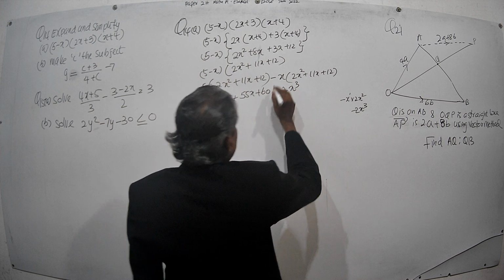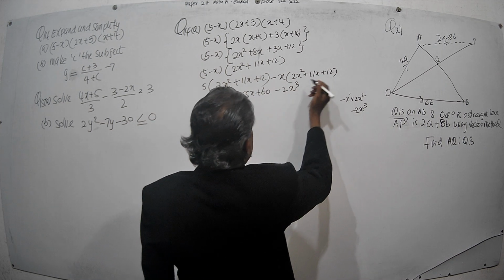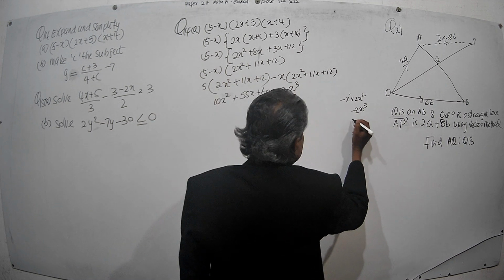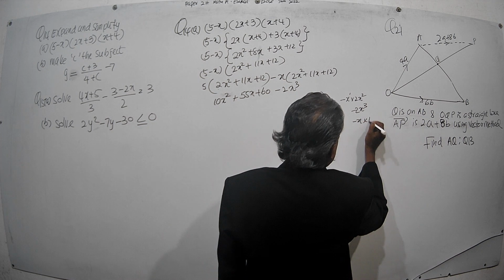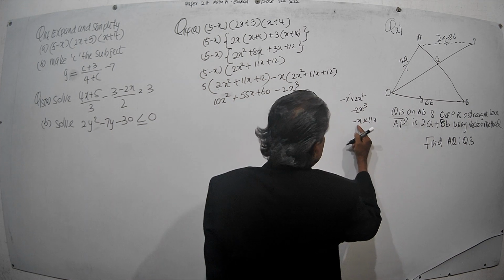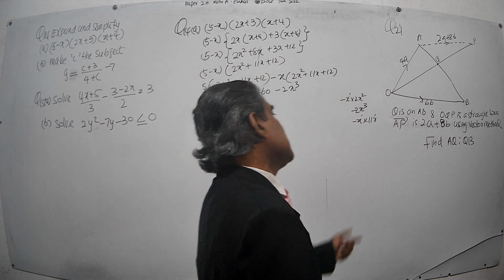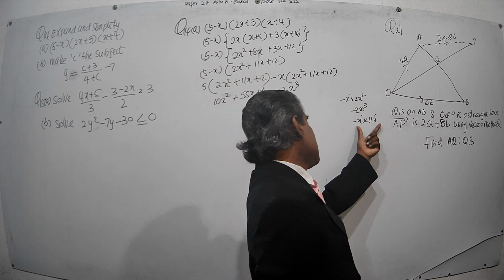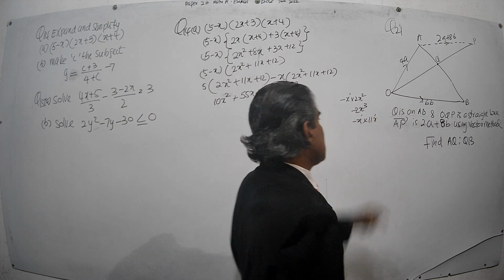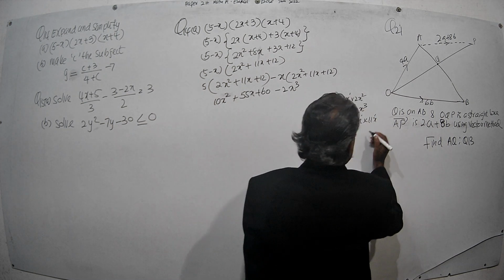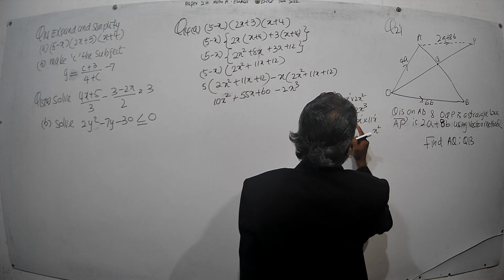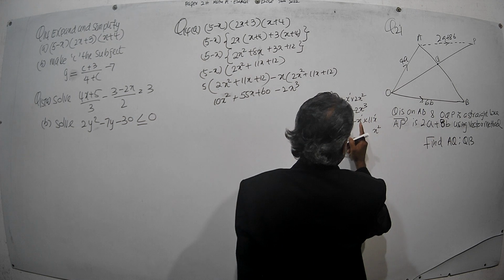Okay. Then minus x times 11x. Again, x times x is how much? x to the power 1 times x to the power 1 is x to the power 2, because you add the powers when you multiply the same base.